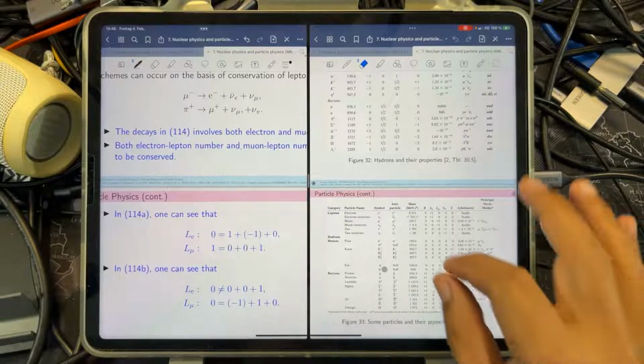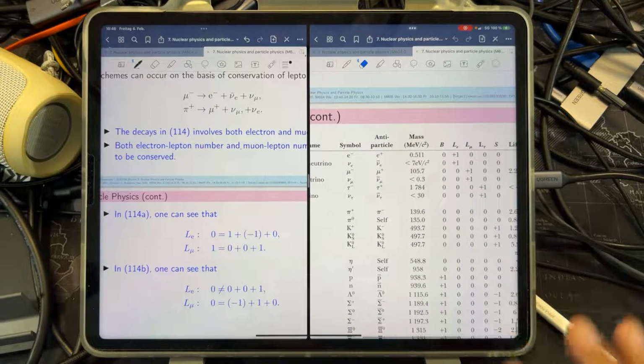Pion plus here has 0 electron lepton number. This is baryon number. We will talk about that later. Pion plus has 0 muon lepton number too.